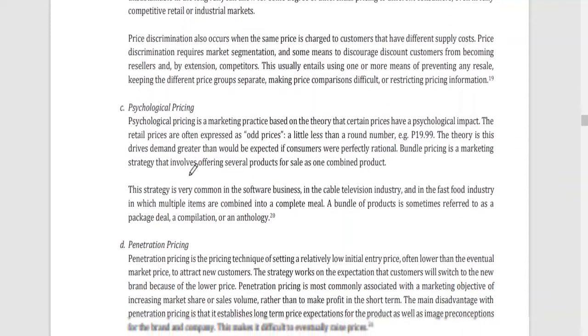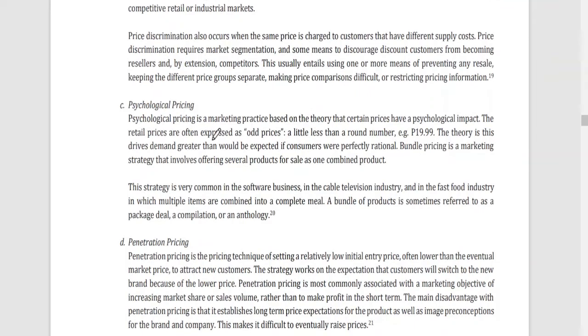Another one would be psychological pricing. So psychological pricing is a marketing practice based on the theory that certain prices have a psychological impact.